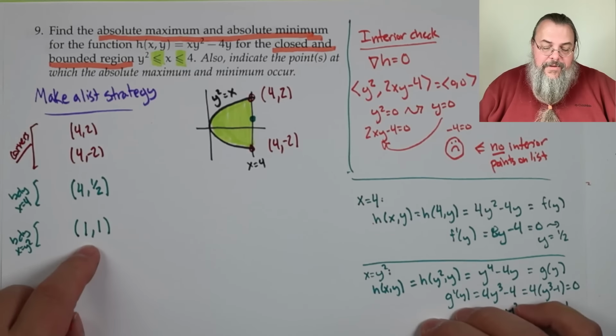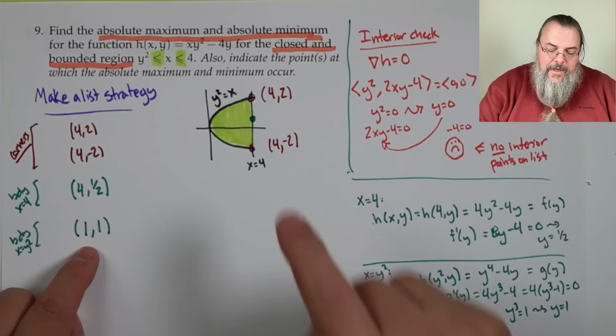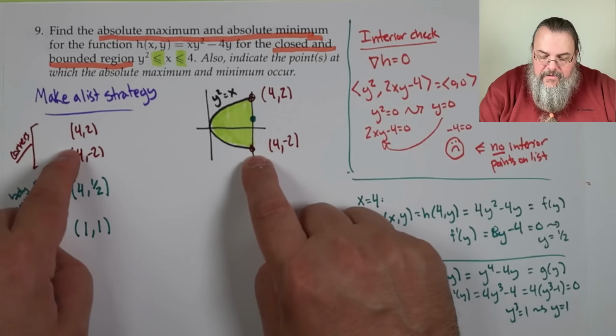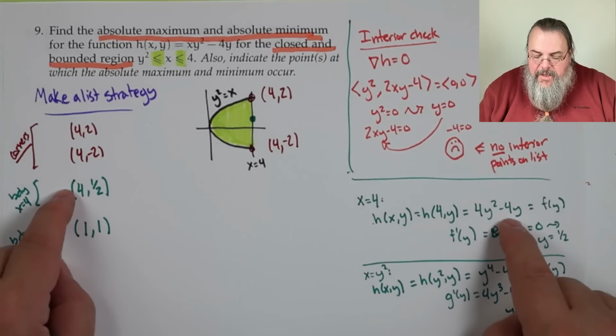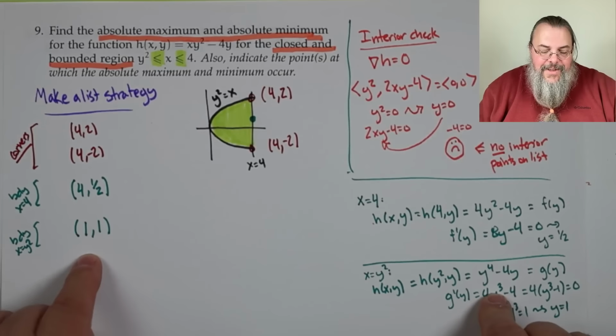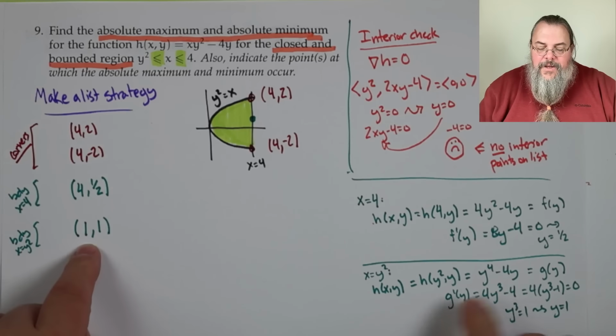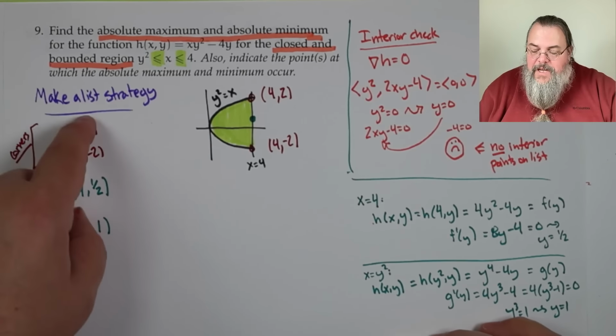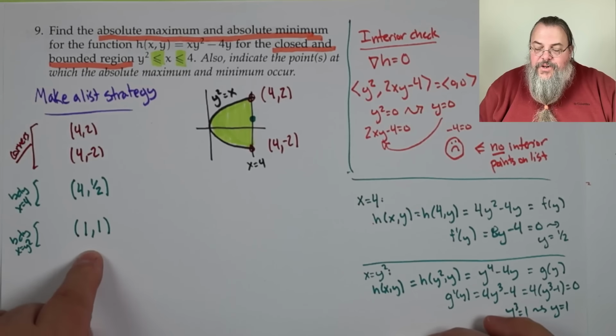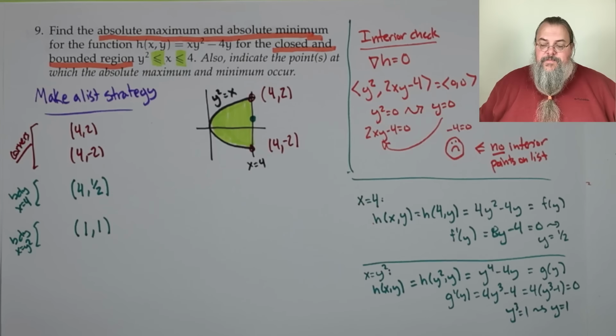So let's check it twice just to make sure we didn't forget anything. Did we get the corners? Yes. Did we check the interior? Yes. Did we check each boundary curve? Yes. And now we say, look, our answer must be one of these. In other words, the absolute max and min has to occur at one of these points.